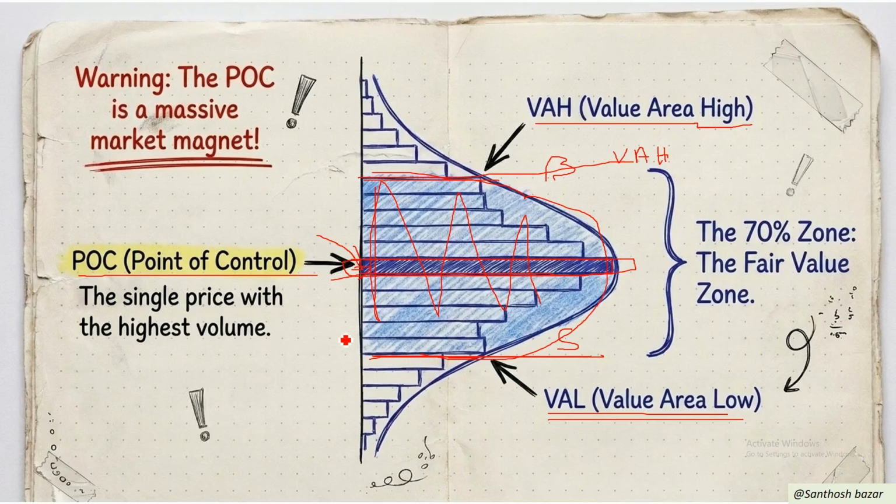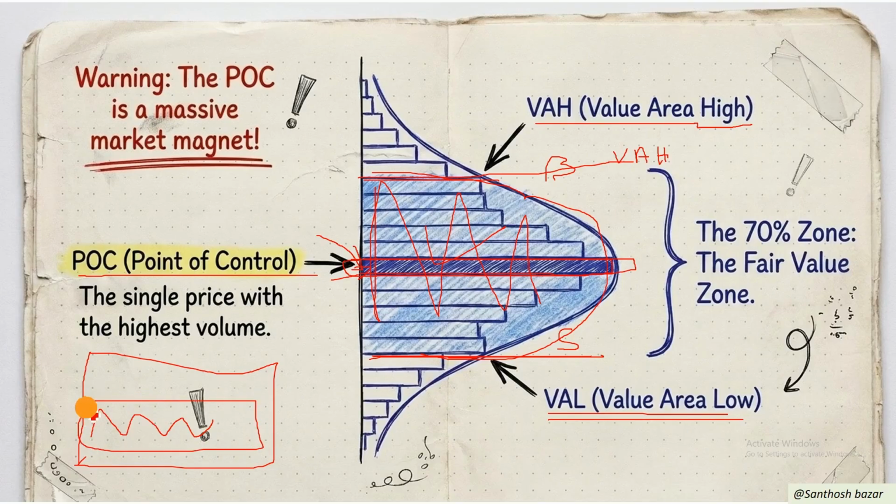Let us take a simple analogy. Think of the value area as a widely popular local market. Let's assume this is a shopping floor, and 70% of people are browsing and buying in this supermarket. The value area high is the high-end boutique section at the back. Here you will have some goods in the front, some in the middle, and some at the back of the supermarket.